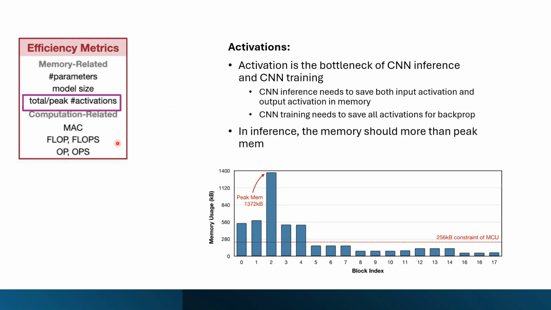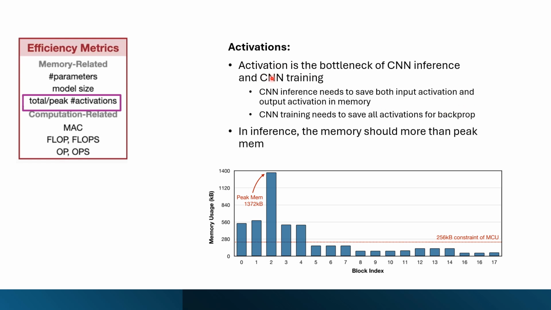After we figure out the size of the model, another memory-related metric to consider is the activation, total number of activations and peak number of activations. As I mentioned before, the total number of activations is mainly concerned in the CNN training because we need to save all the activation for backpropagation.